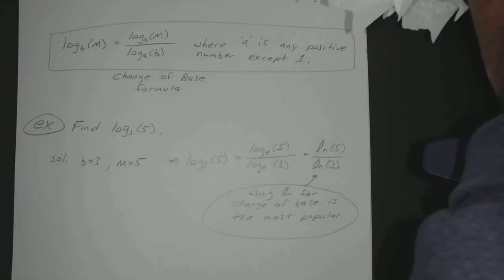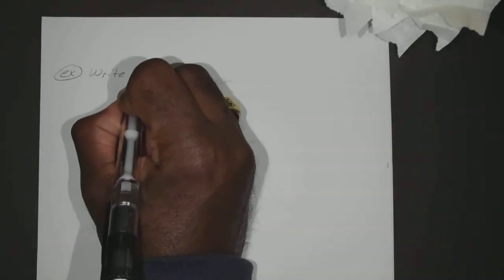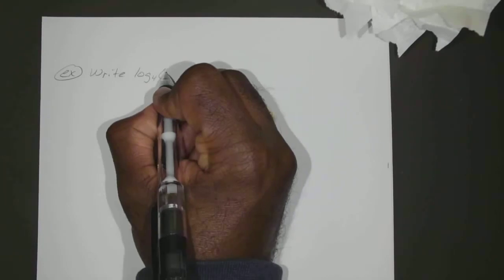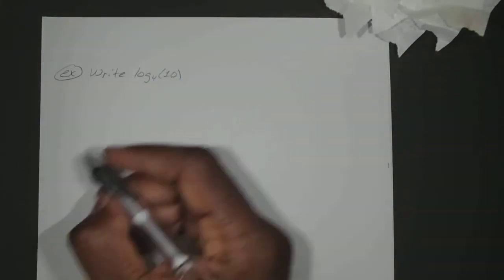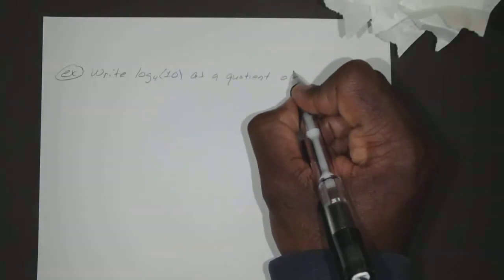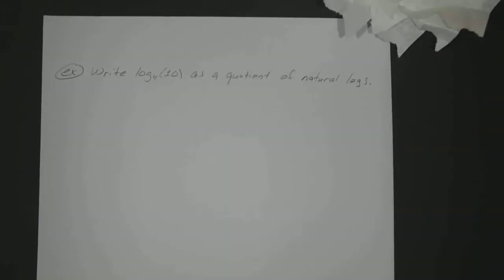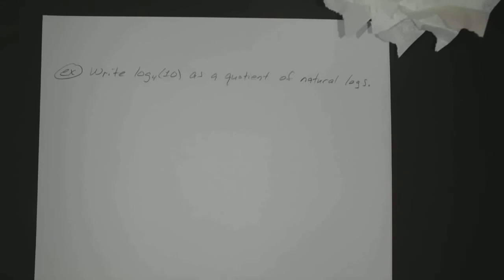All right, so let's do a quick example. Still writing. Nope, looks like everyone's done. Okay, so what if we wanted to write log base 4 of 10 as a quotient of natural logs? Okay, so this one's pretty much telling you we want you to use natural log as your change of base.